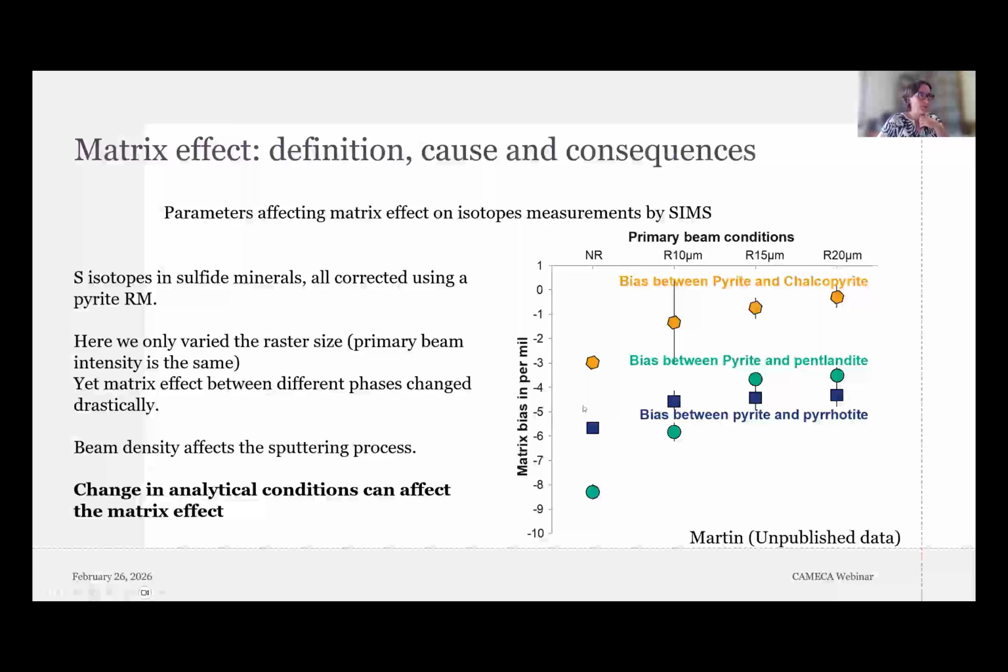So we only change the raster size, but we see that the matrix effect between the different phases can really change drastically. That shows that the beam density affects the sputtering process in different minerals. And so any change in analytical conditions can potentially affect the matrix effect.